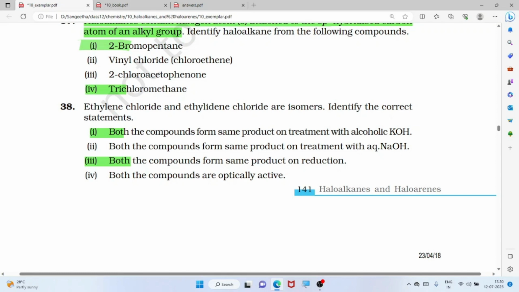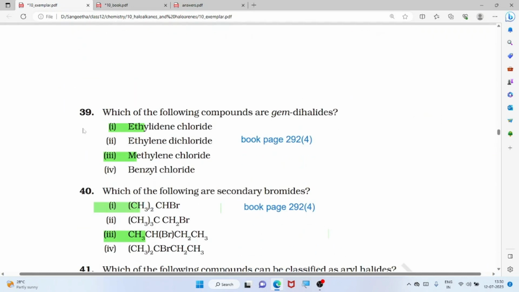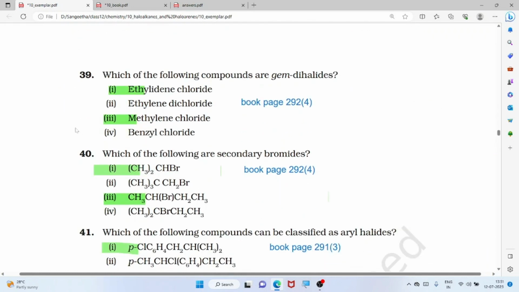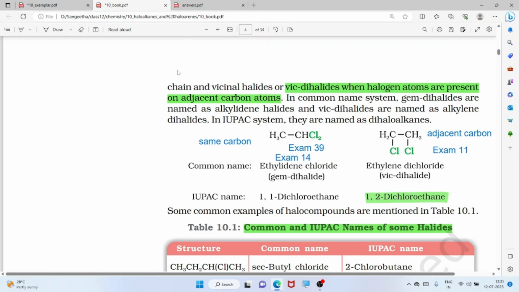Both the compounds form the same product on reduction. Which of the following compounds are these? This I already showed you. These compounds I already showed you.